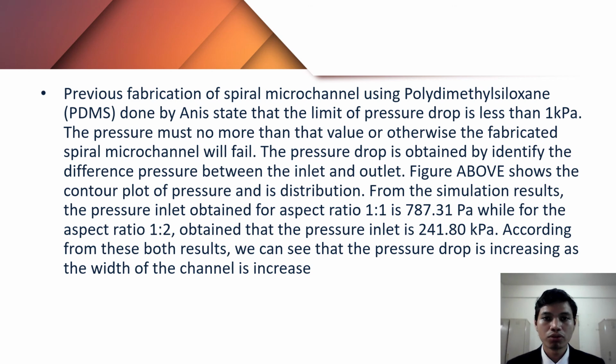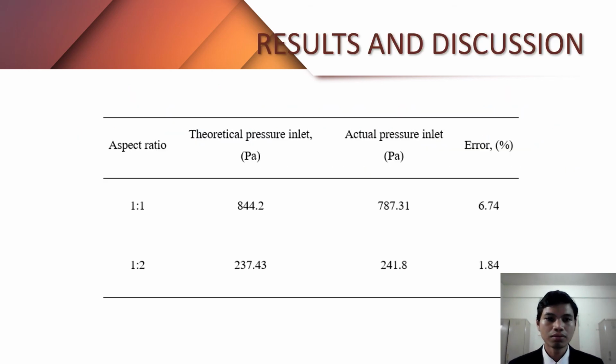From both results, we can see that the pressure drop is increasing as the width of the channel is increased. And here is the result and discussion to determine the error based on the theoretical inlet pressure and actual inlet pressure. From this result, we can see that the maximum error is just 6.74, which is reliable in this study.